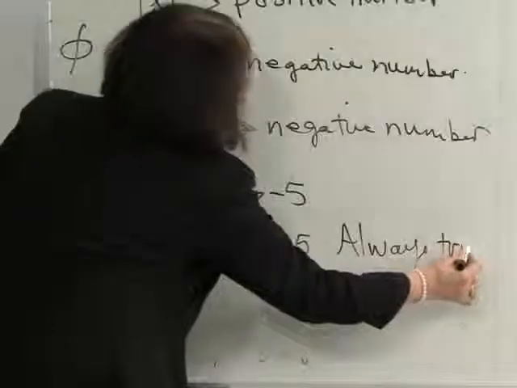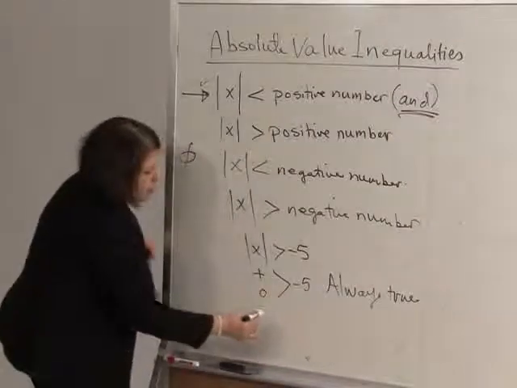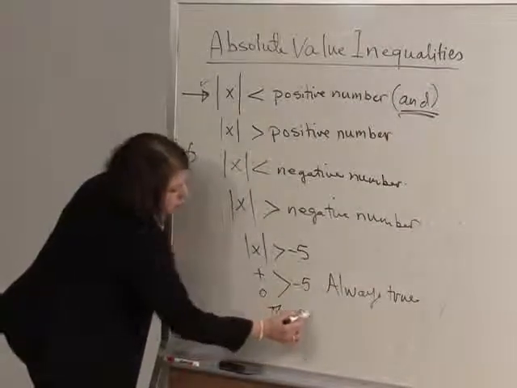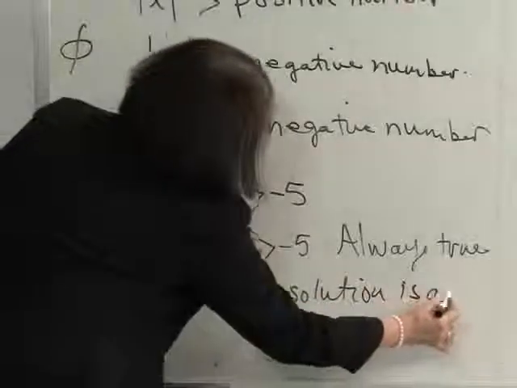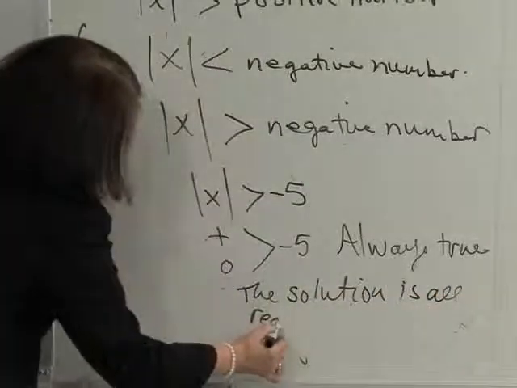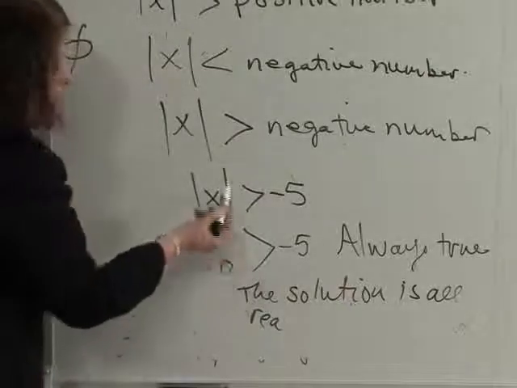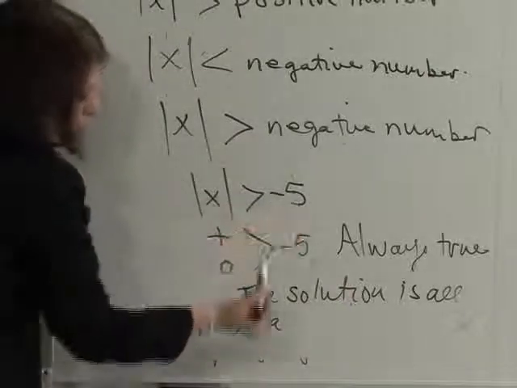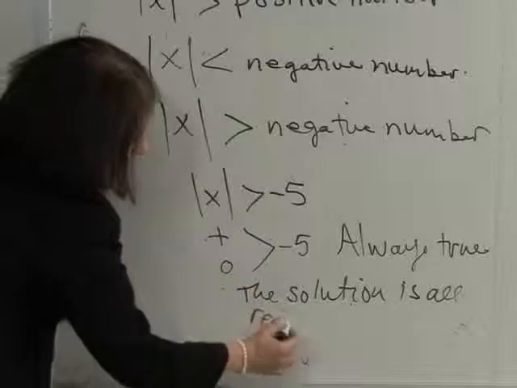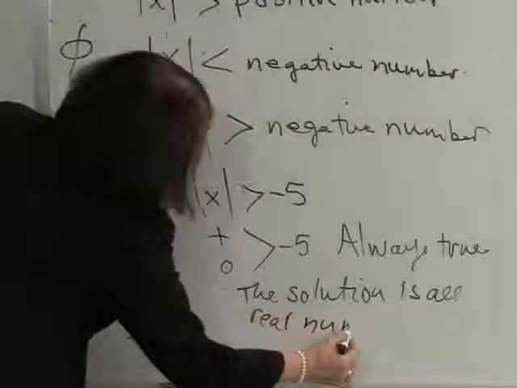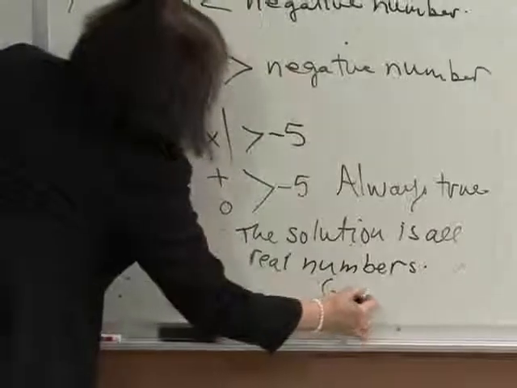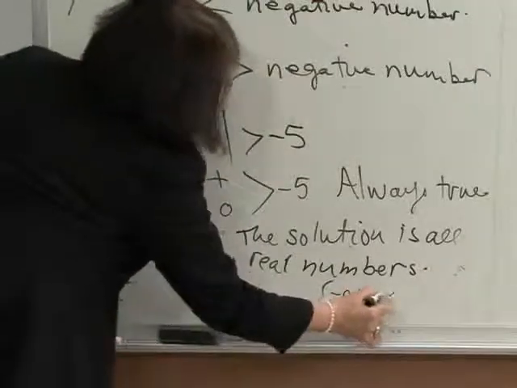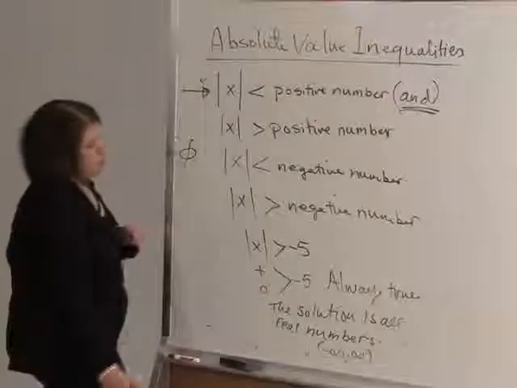The statement is always true, which means that the solution is all real numbers. Doesn't matter what you plug in for x, it's going to always give you a positive or 0, which is always greater than a negative number. So it's all real numbers. Or in interval notation, all numbers between negative infinity and infinity.